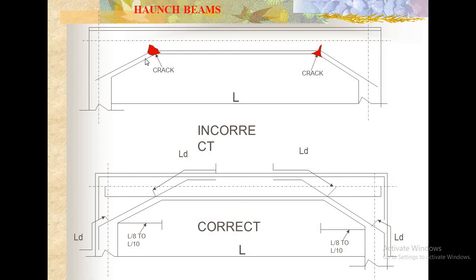In such a situation, normally the bottom reinforcement is made continuous. Actually, it's not correct. This is the correct method. From the column, the bottom reinforcement of the beam has to be extended into the column like this. This is the development length. That much length has to be extended into the column here.